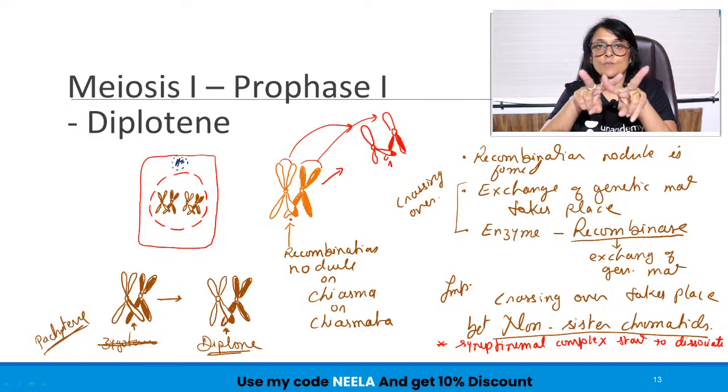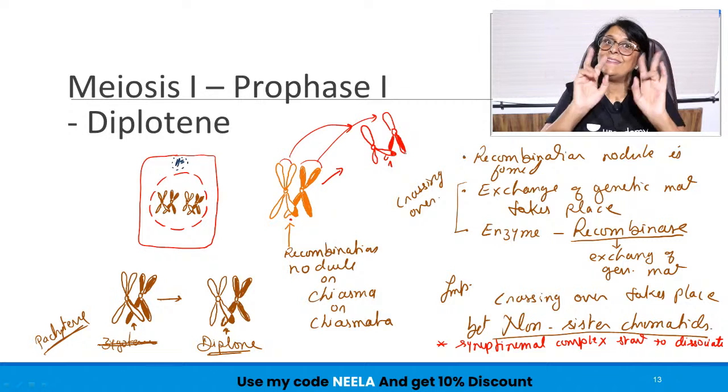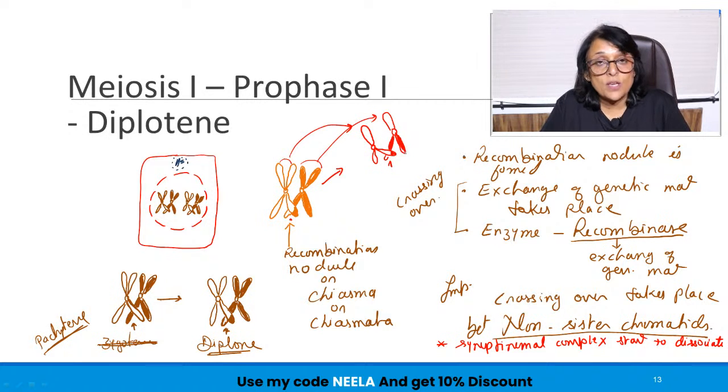The two chromosomes are not going to separate like this, the way they fused. They are going to separate like they move from this point, slowly they come to the end and then they separate. This process is called terminalization. The process starts in Diplotene and gets completed in Diakinesis.